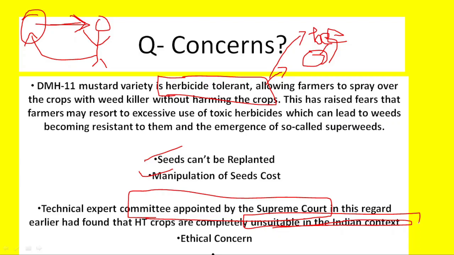So India doesn't need this kind of technology, unlike foreign nations which have less fertile areas covered in snow for the majority of the seasons, and very few people engaged in agriculture. GM crops in the context of India are not much required. That is what this committee mentioned.